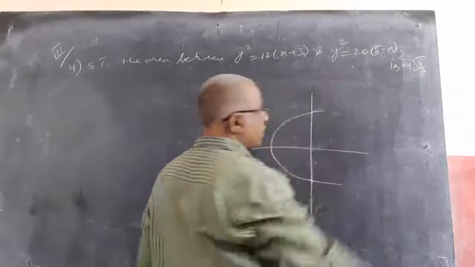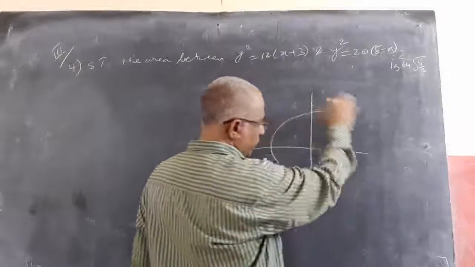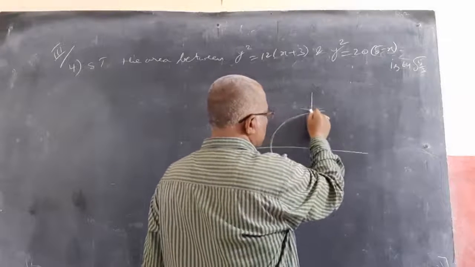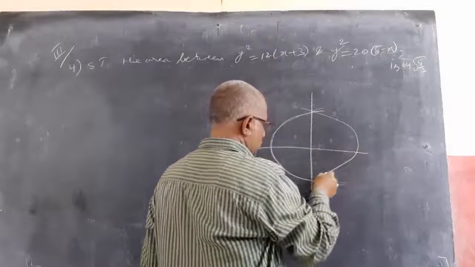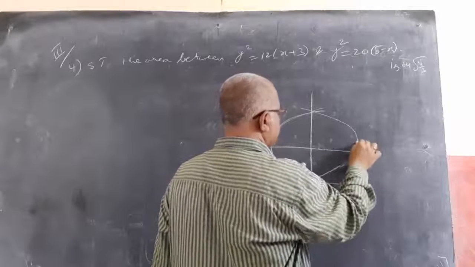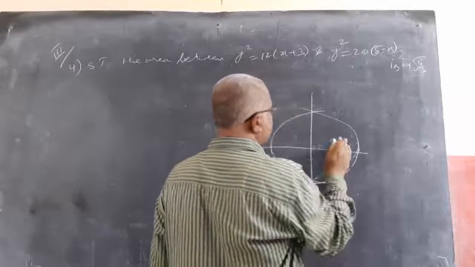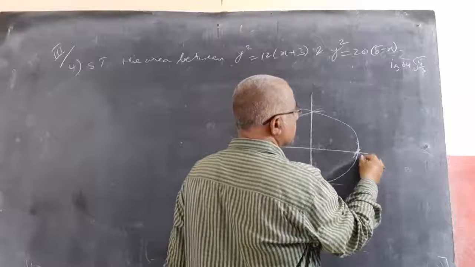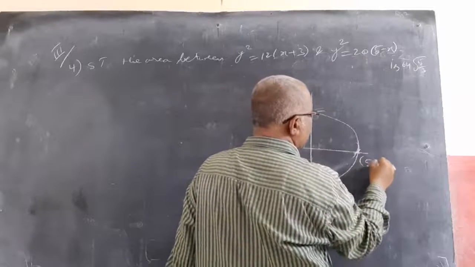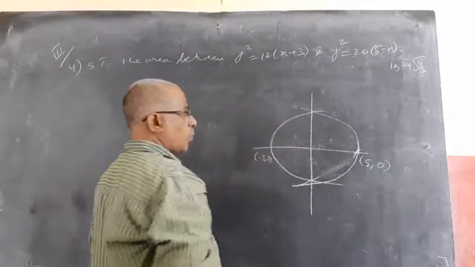Another parabola, y square equal to 20 into 5 minus x. That is 5 minus x, so the curve will be on this side because here this is minus x, like this. And whose vertex is at 5 comma 0. This is minus 3 comma 0.